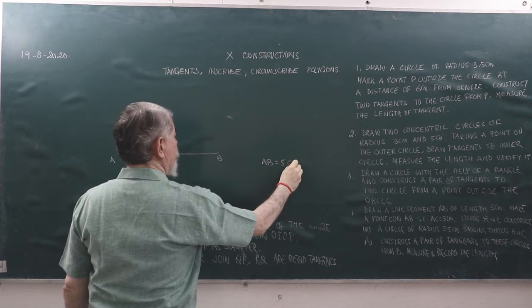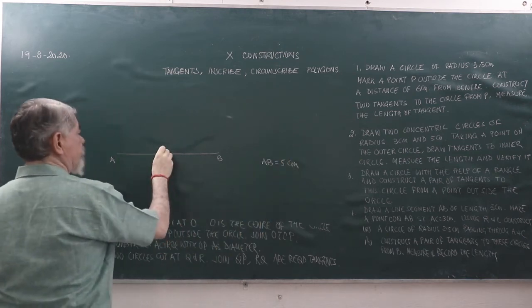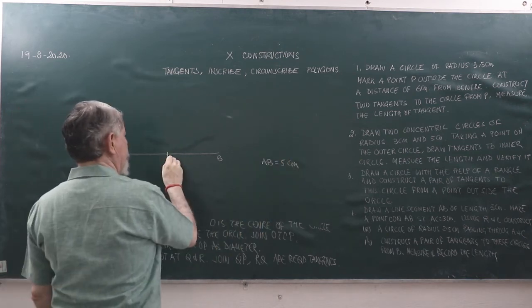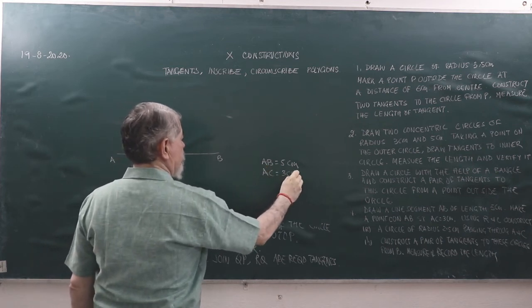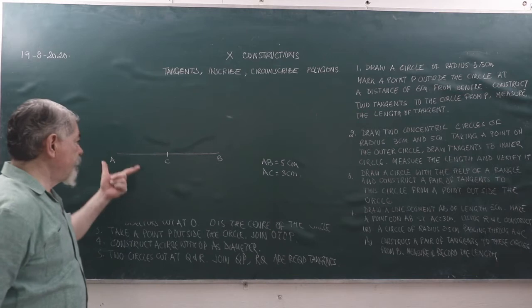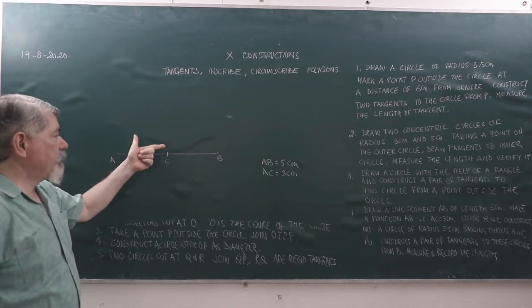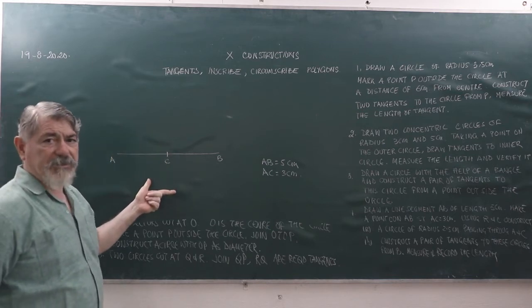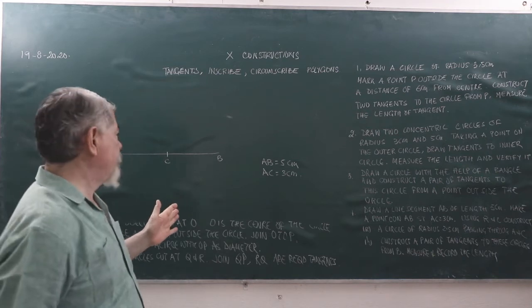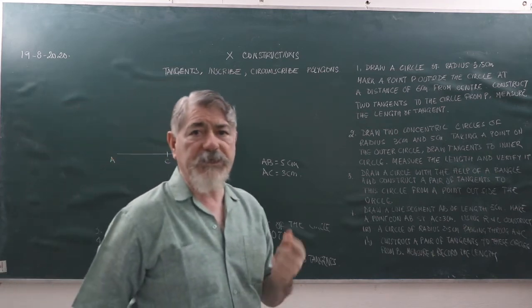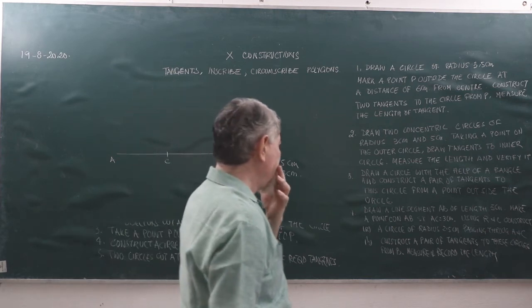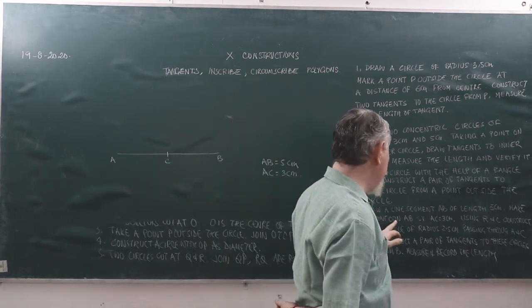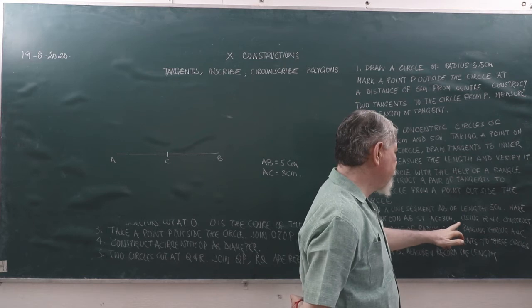Then take a point C on AB such that AC is 3 cm. Take A as center, open a compass 3 cm, and cut an arc at C. We get the point C so that AC is 3 cm.